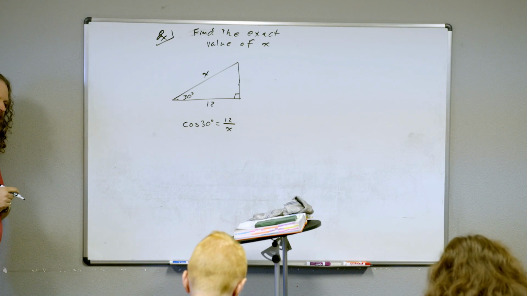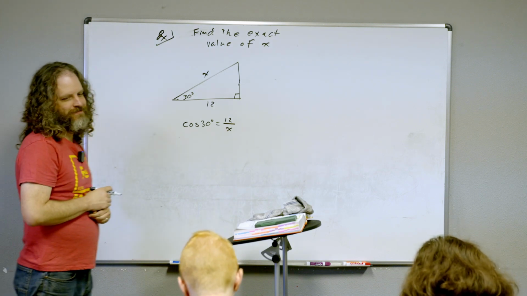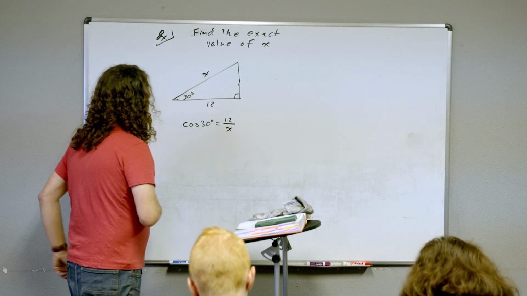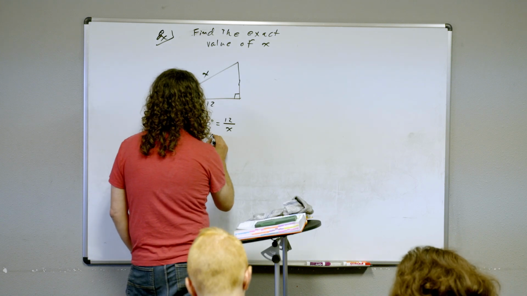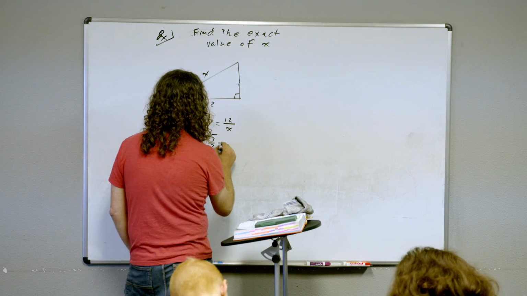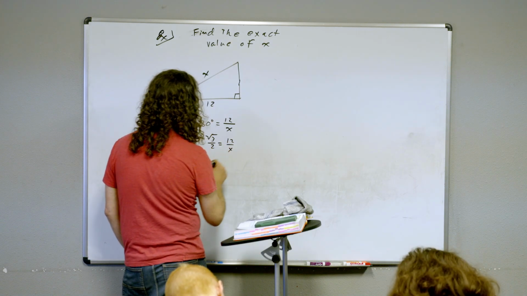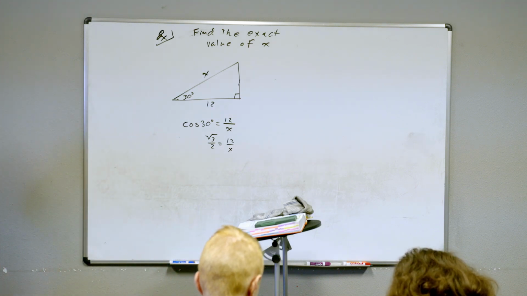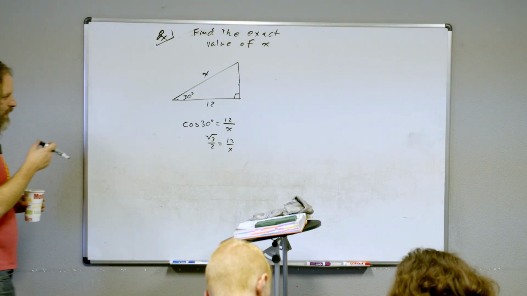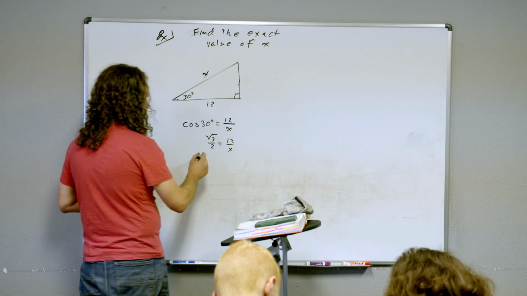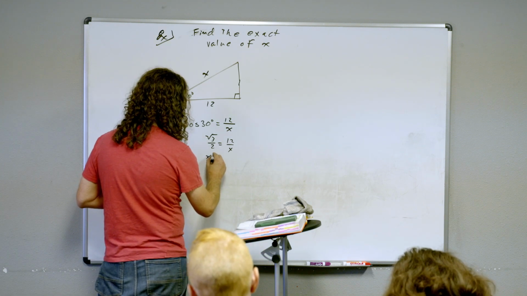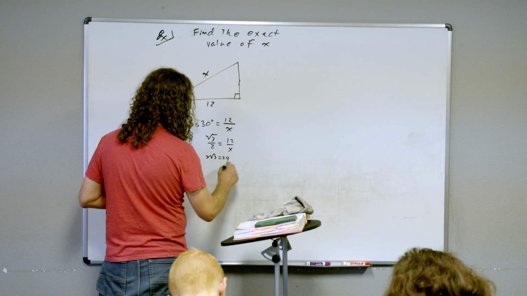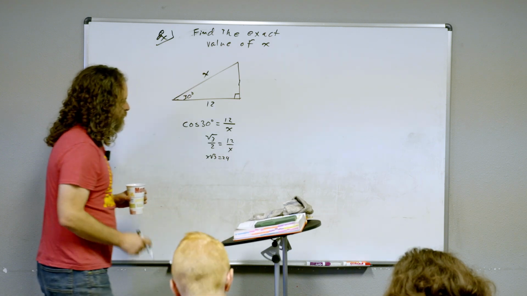What is the cosine of 30 degrees? Square root of 3 over 2. Okay, and then we can solve for x. So x times the square root of 3 equals 24. We follow what I did? Just a little proportion, right?